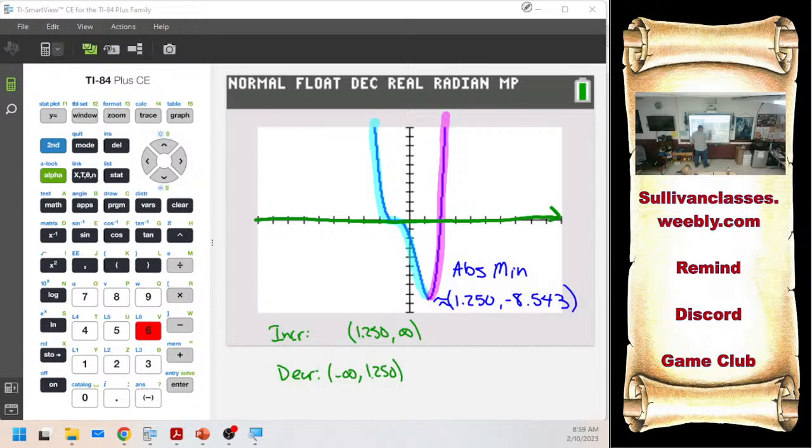The easiest way is to actually put my pencil on the paper and trace it from left to right. My pencil is going down until I hit this point, decreasing. My pencil is going up, increasing. Okay, left to right like a book.